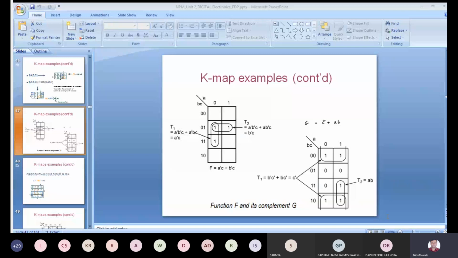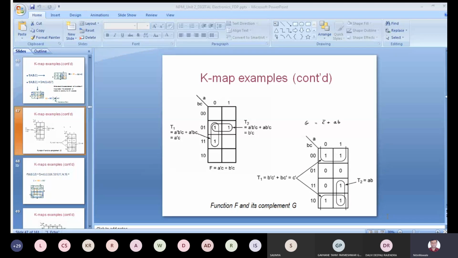Okay. Now the variables are PQ, RS. At the upper side you have to consider PQ, at the lower side you should consider RS. Note down the representation of 00, 01, 11, 10.